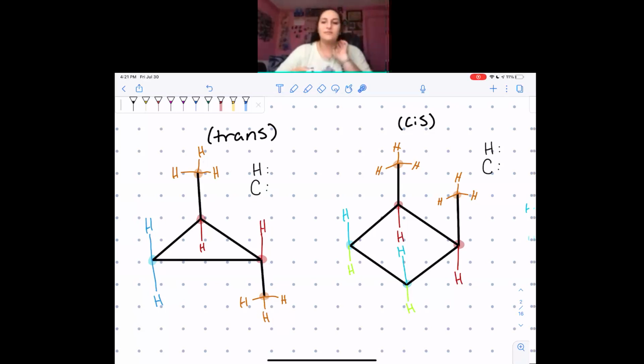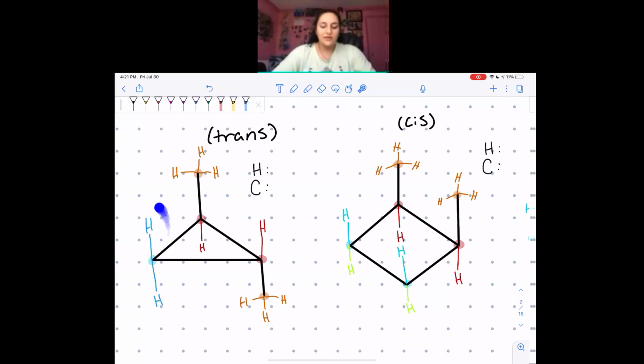The short story is this side is exactly the same as this, which would make this hydrogen exactly the same as this, which means the top environment and the bottom environment are exactly the same.